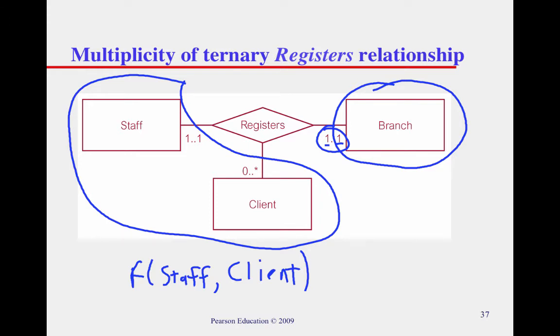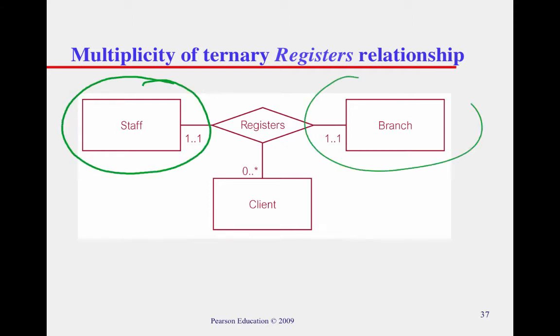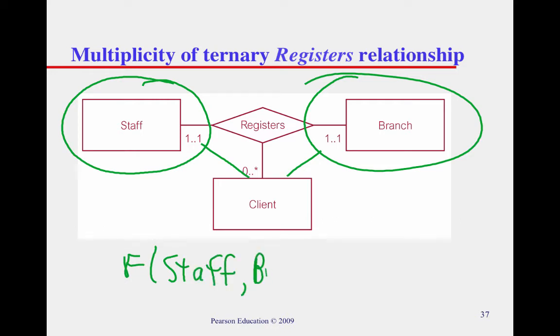Okay, so we got that one. Now let's figure out if we have a staff person and a branch. What does that mean for a client? So we have a function with a specific staff person and a specific branch.